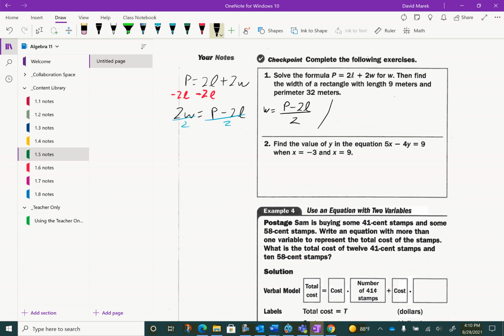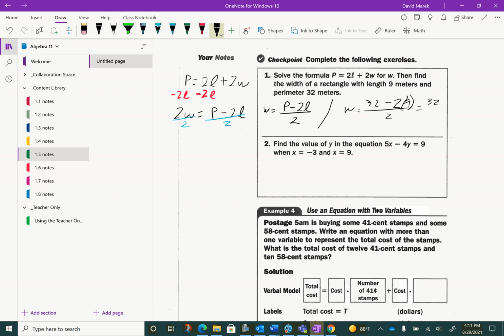Then find the width of the rectangle. So again, that's why we solved it for W. If the length is 9 meters, we'll put in 9 in place of the length, and 32, we'll put that in place of the perimeter, and we'll solve it from there.